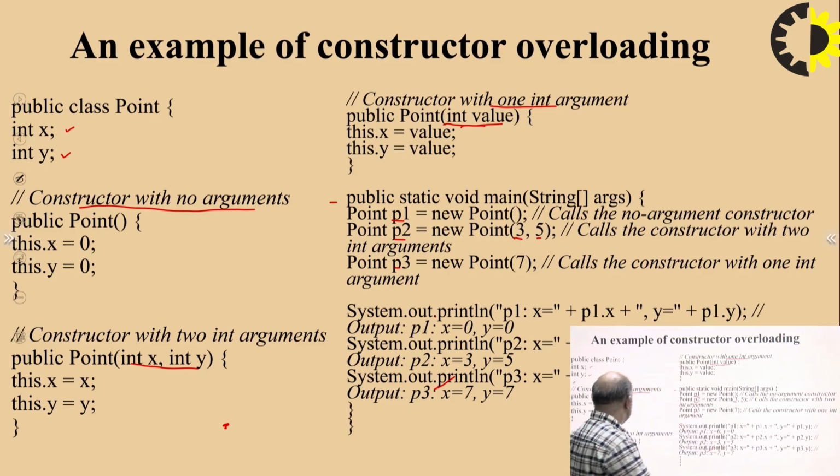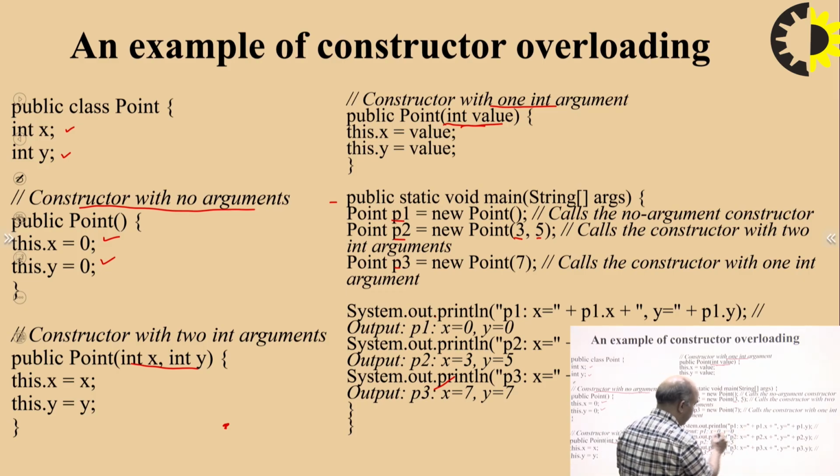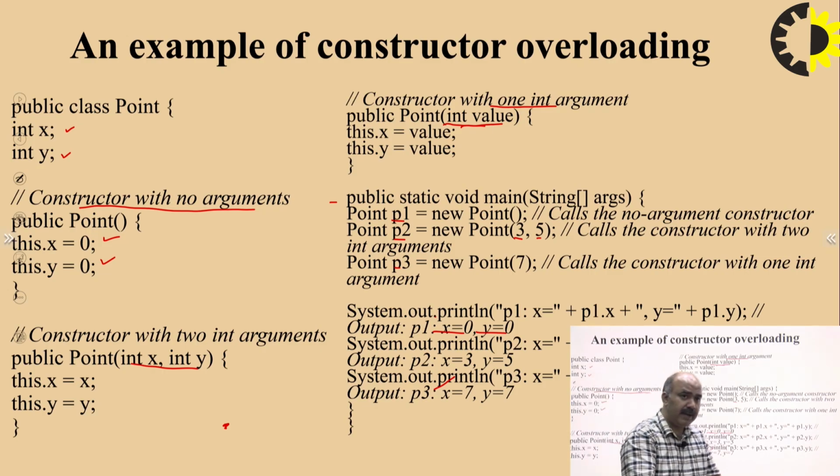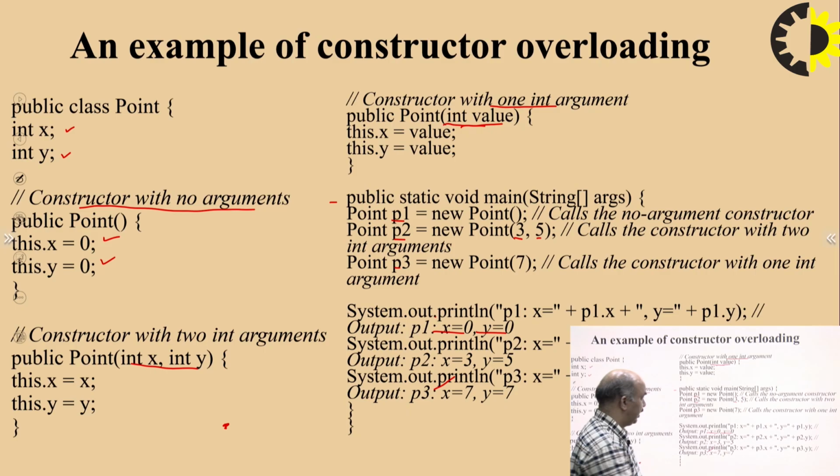Here for the constructor with no arguments, the values are 0 and 0, so x and y will be 0. For the second, we have taken the two integer values, defined as 3 and 5, so x value will be 3 and y value will be 5.